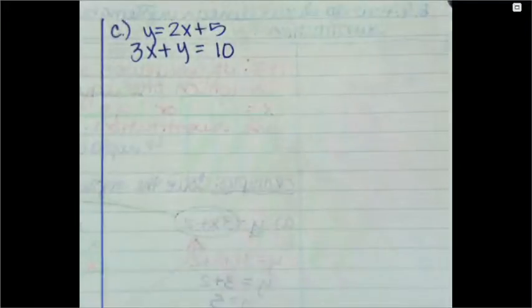Y equals 2x plus 5, and 3x plus y equals 10. Oops. Y equals 2x plus 5, and then 3x plus y equals 10. I'm setting it up like it would be on your homework.